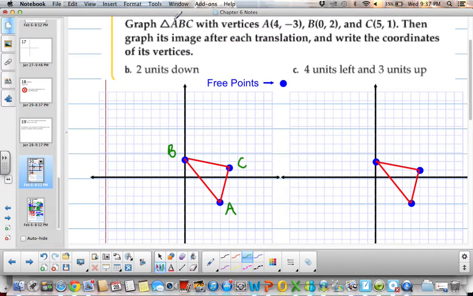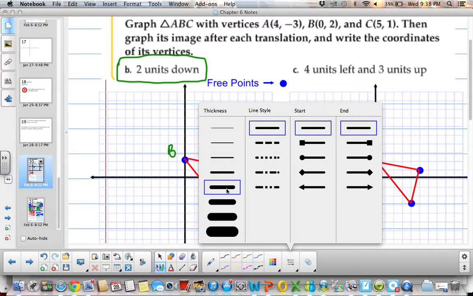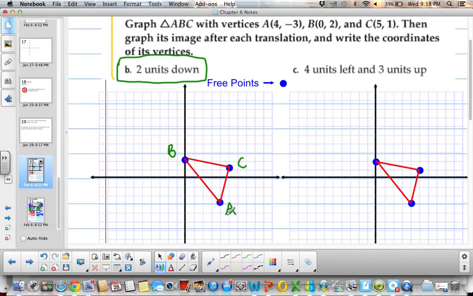Now we want to graph its image after a couple different translations. So the first one we're going to do is 2 units down. So we literally look at each point of our triangle and we move each point 2 units down. I'm going to look at A and I'm going to go 1, 2. And then I look at C and I go 1, 2.